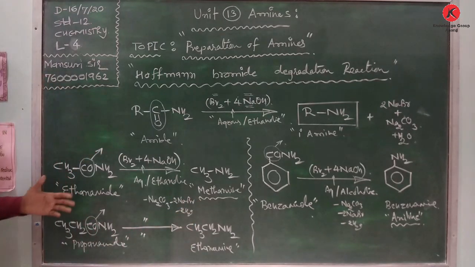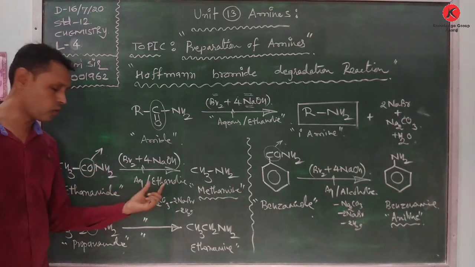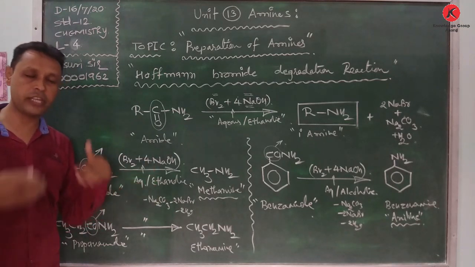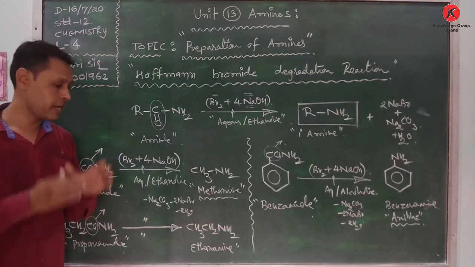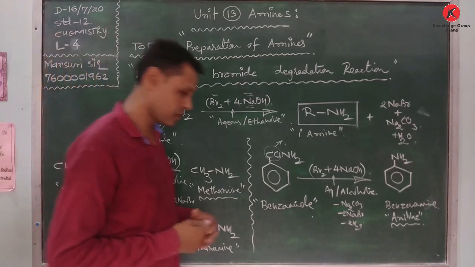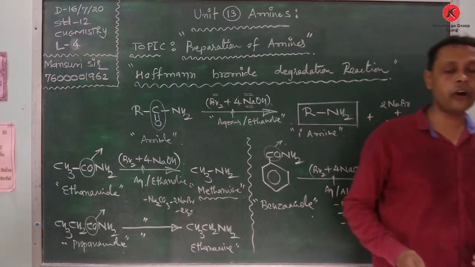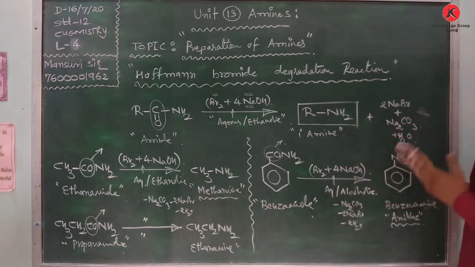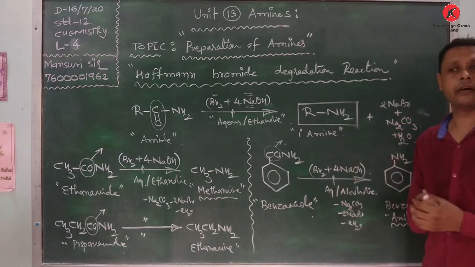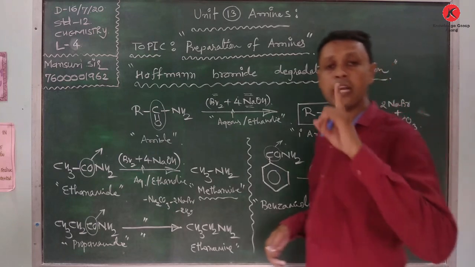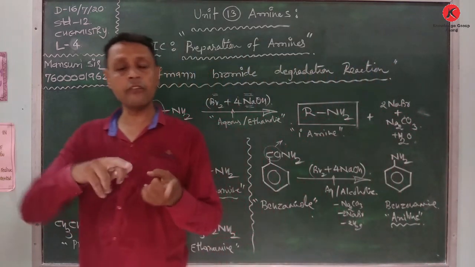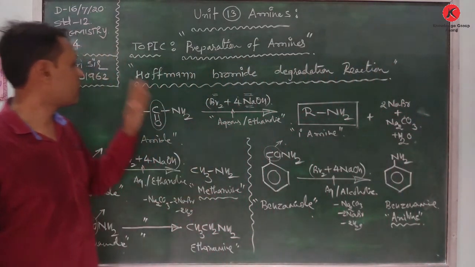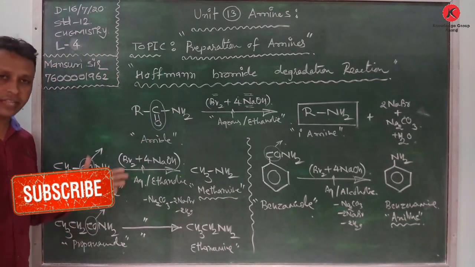So we can say that when an amide compound is given with the mixture of alcoholic Br2 plus 4NaOH, then they form primary amine, which can be an aliphatic amine or aromatic amine, and the product has one less carbon than the amide. So this is your Hofmann bromamide degradation reaction. Okay.